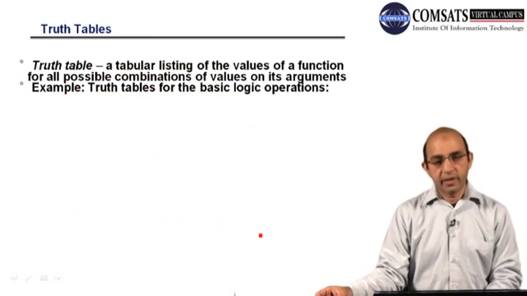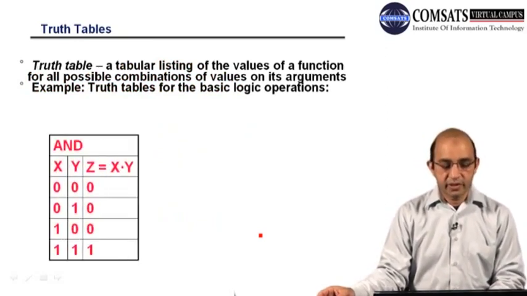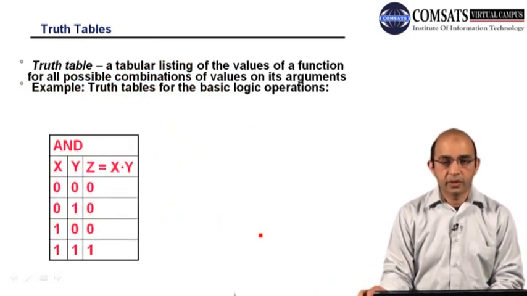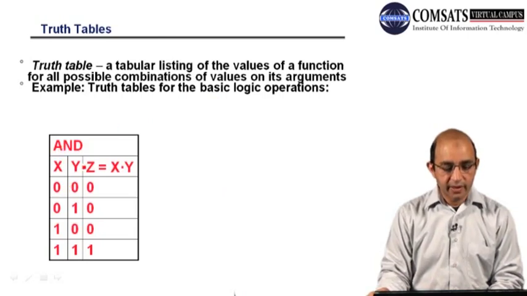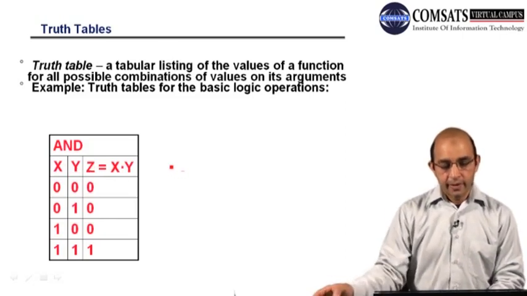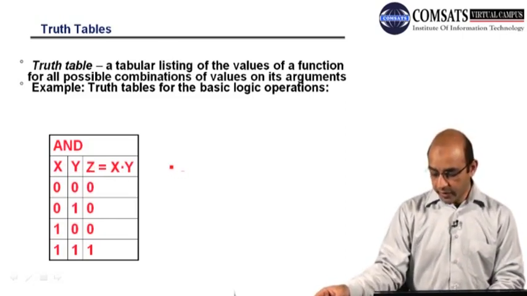Then the truth tables. This is the representation of the same Boolean operators, but we have a table over here. The operation is AND, and we have named those two different inputs: this is x, this is y, and this is the output. This is a tabular form, and we normally call it a truth table.